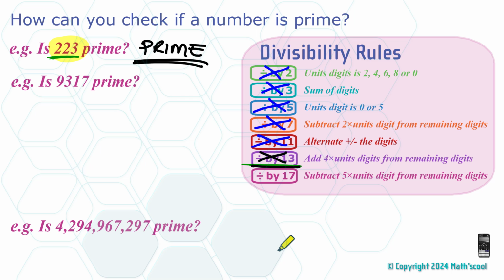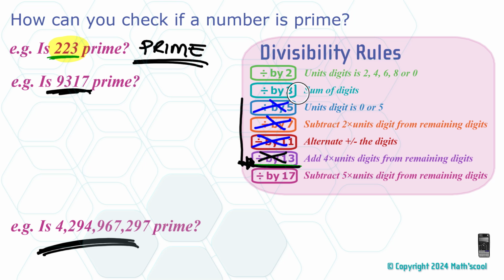What we are going to be able to do is see if any one of these goes into it. That's the only thing we are going to be able to do. Yeah, it's quite complicated to test if a number is prime. And we're only talking about small numbers. When you get to huge numbers like this one here, then it gets ridiculously hard. Okay, so let's have a go anyway, see how far we get.